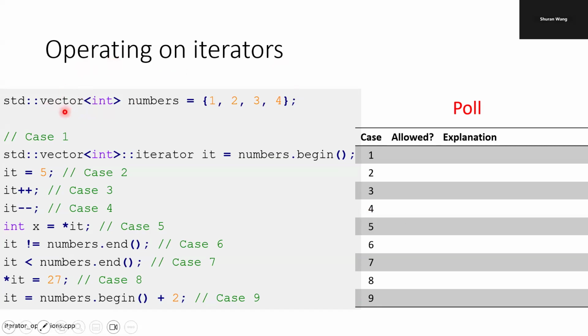Operating on iterators, we have a vector of integers with 4 elements: 1, 2, 3, 4. Let's see what each case does. Case 1, we define an iterator for the vector int class, it equals numbers.begin. Is this allowed? Anyone want to answer?